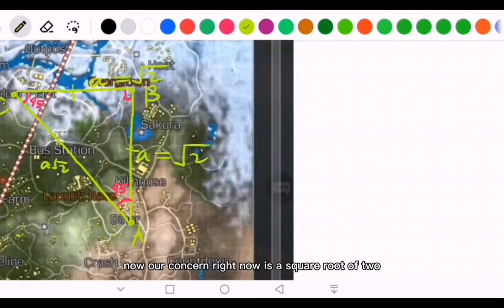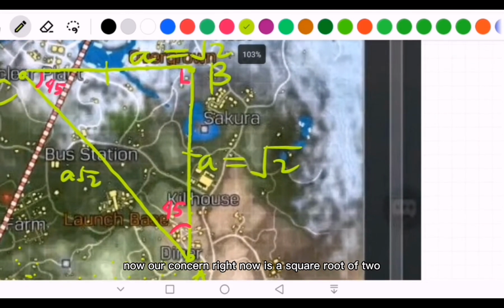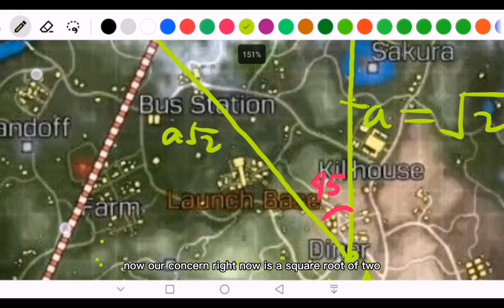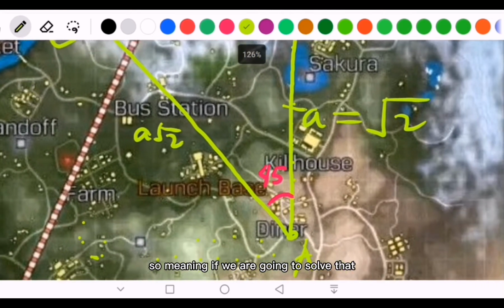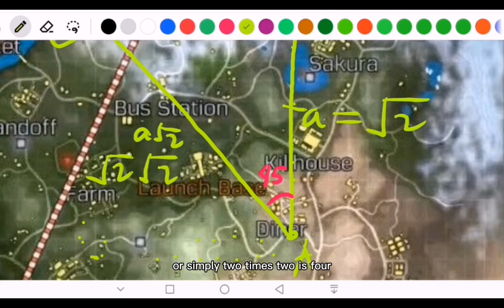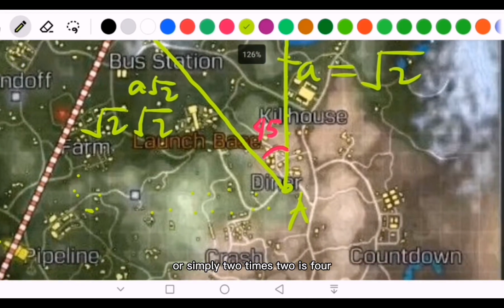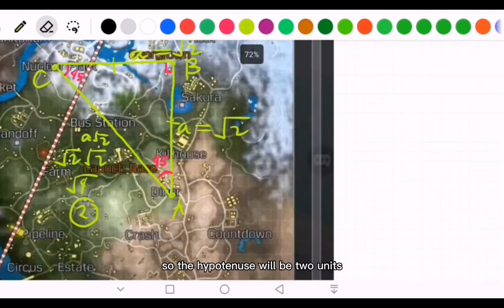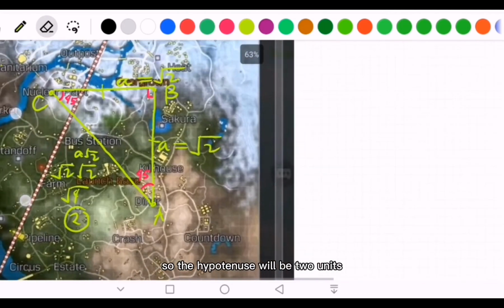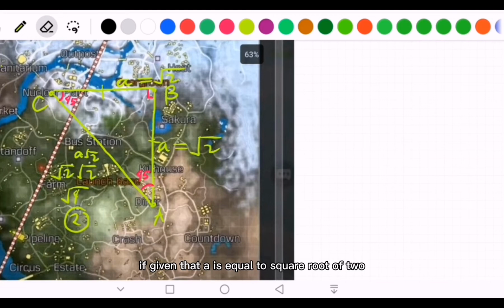Now, if a is equal to square root of 2, then the hypotenuse is square root of 2 times square root of 2, or simply square root of 4, which is 2. So the hypotenuse will be 2 units if given that a is equal to square root of 2.